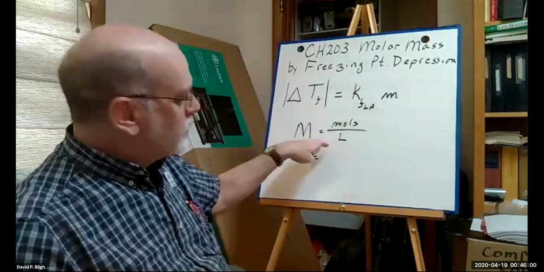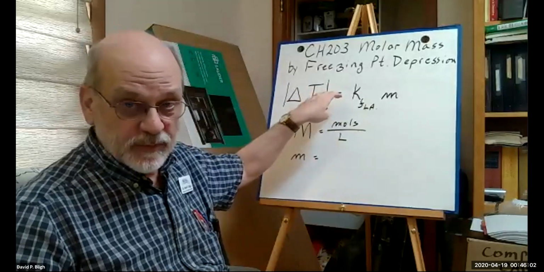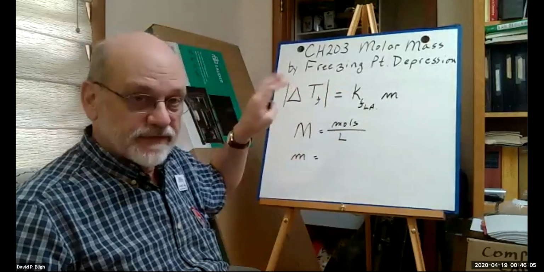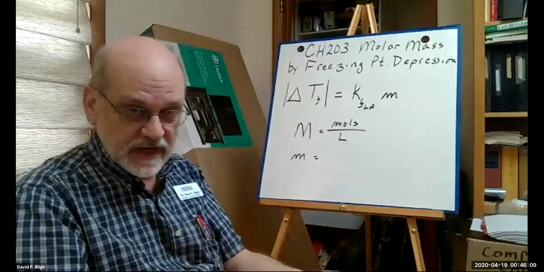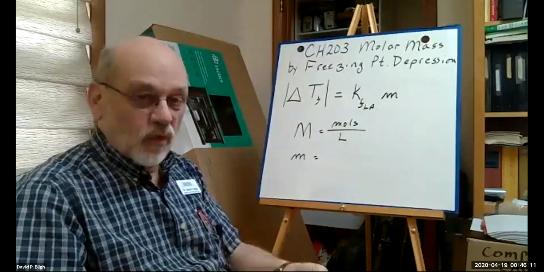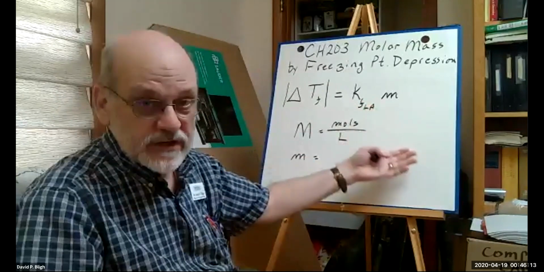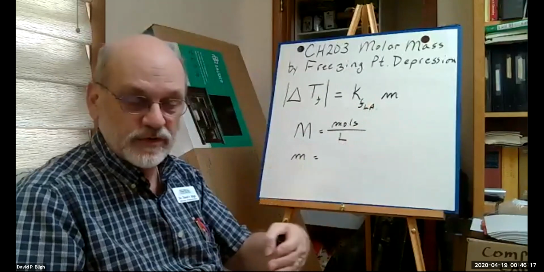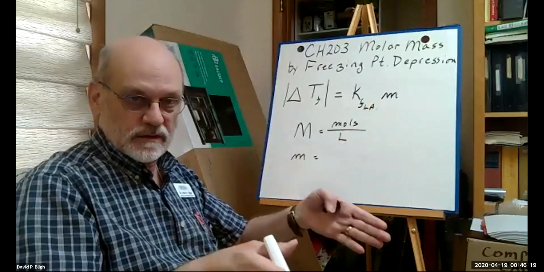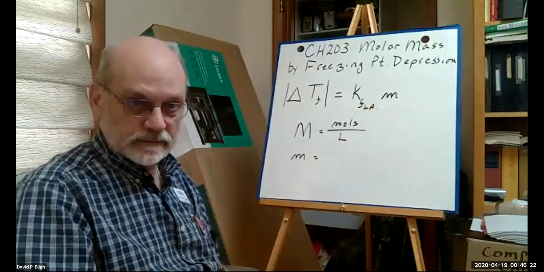The problem with using molarity in this type of experiment is that the temperature is going to change. That's what we want. We want the temperature to change. But what we don't want is for the concentration to change. The concentration needs to be the same at every temperature within the range of measurement.